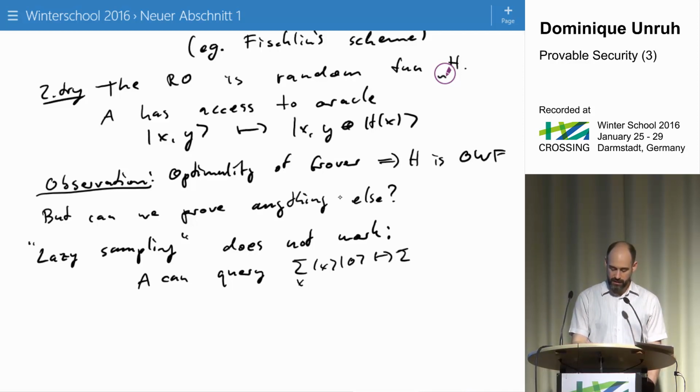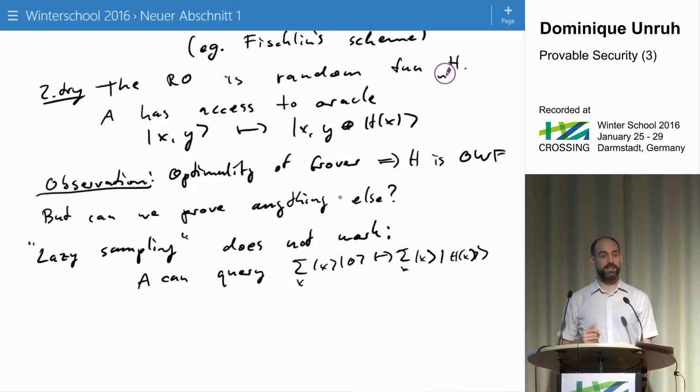This goes to a superposition of x and hash of x. This costs him one query, and he has queried the whole oracle. So if we would try to do some lazy sampling that decides on values as they go along, this would now have had to fix the whole oracle, so there's no point in doing lazy sampling, or at least it's not clear what it would mean.